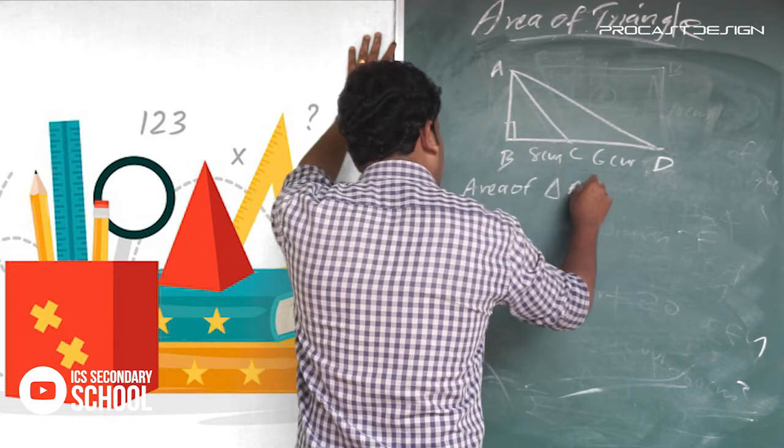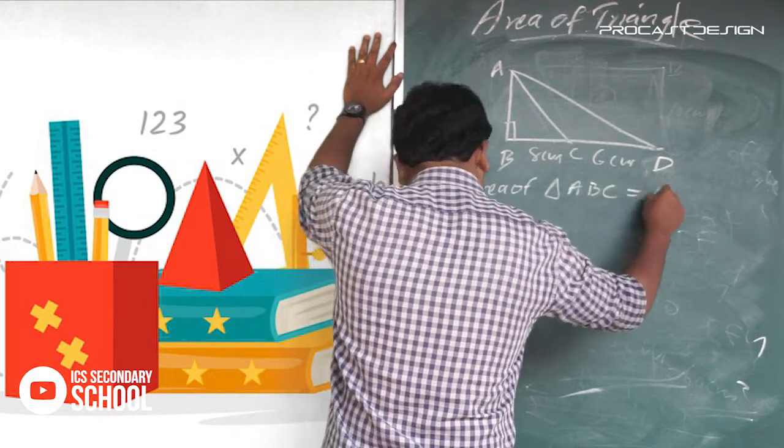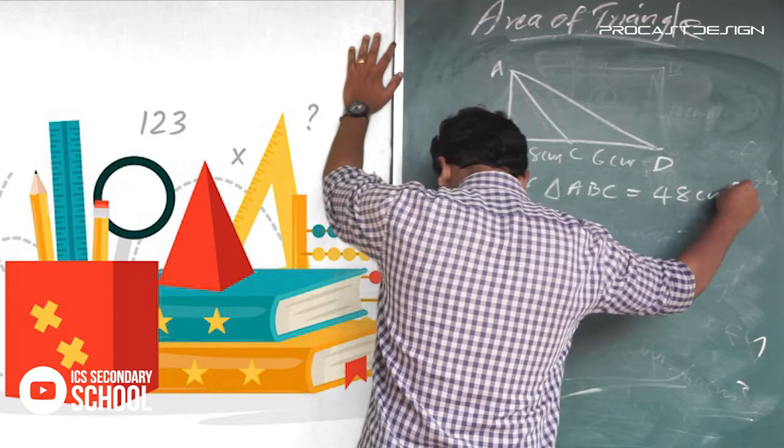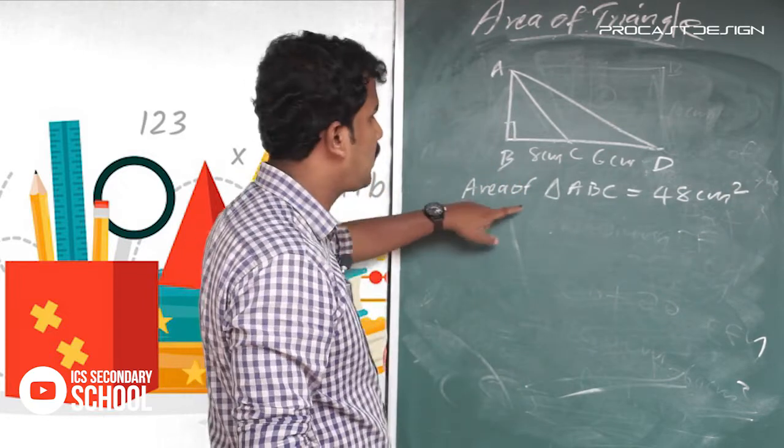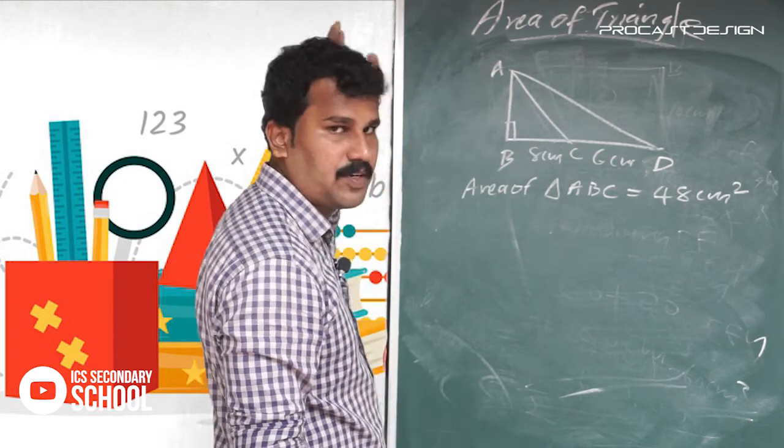Area of triangle ABC is 48 centimeter square.